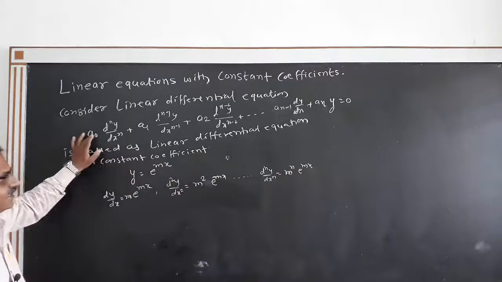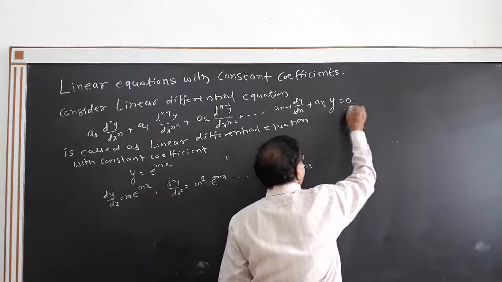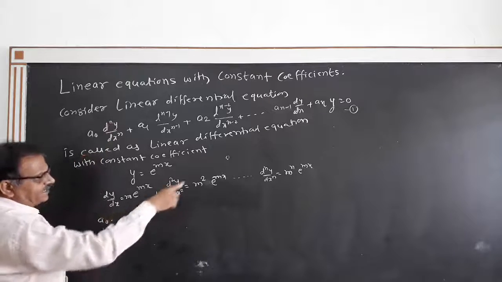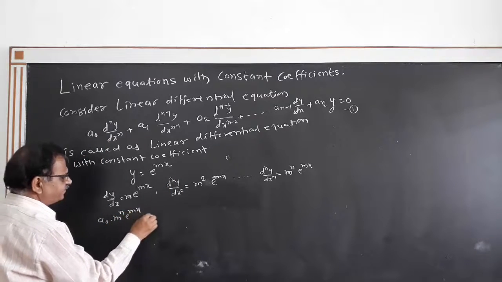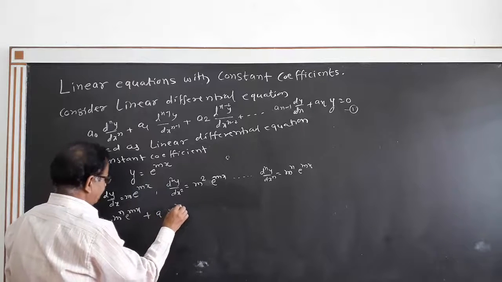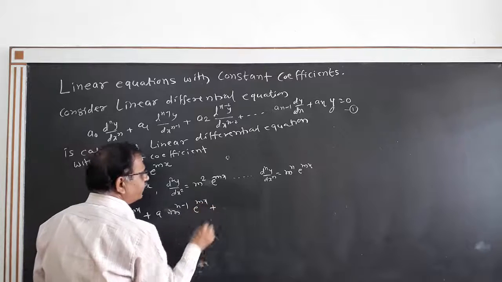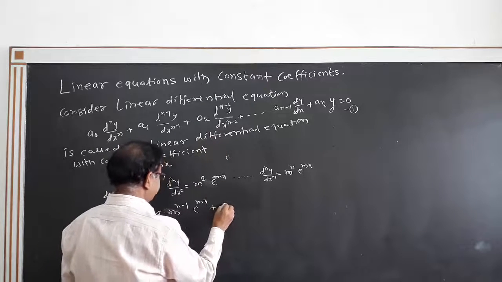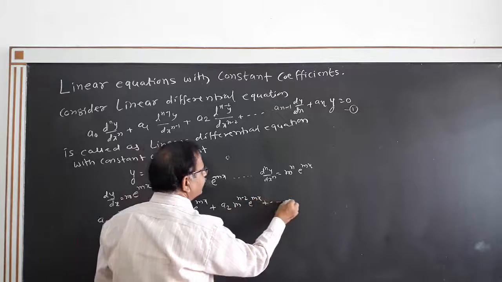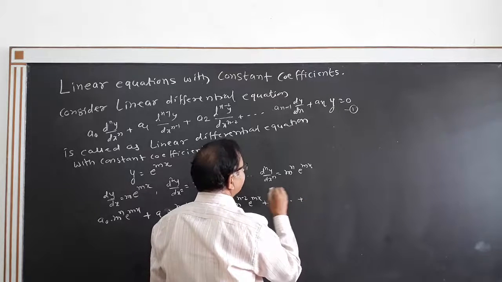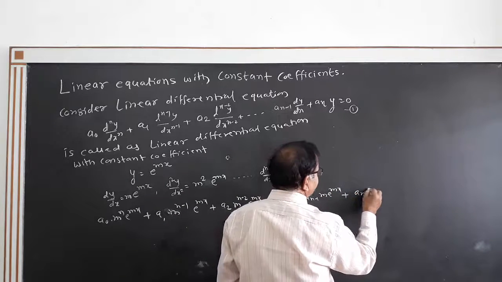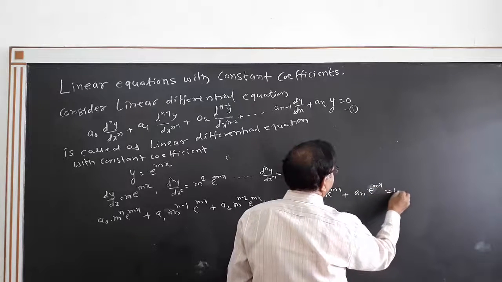If I substitute these values here in first equation, then what I will get? a0 into nth derivative of y, that is m raised to n e raised to mx, plus a1 into n minus 1 derivative, that is m raised to n minus 1 e raised to mx, plus a2 into n minus second derivative, m raised to n minus 2 e raised to mx, plus so on, a(n-1) dy by dx, m e raised to mx, plus an into y. y is nothing but e raised to mx, equal to 0.